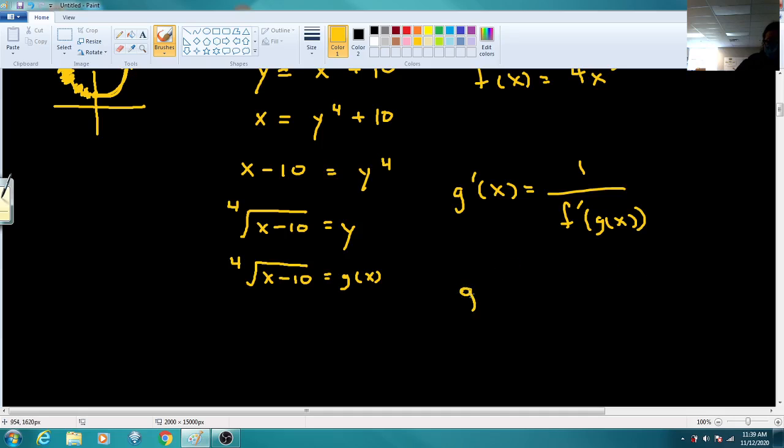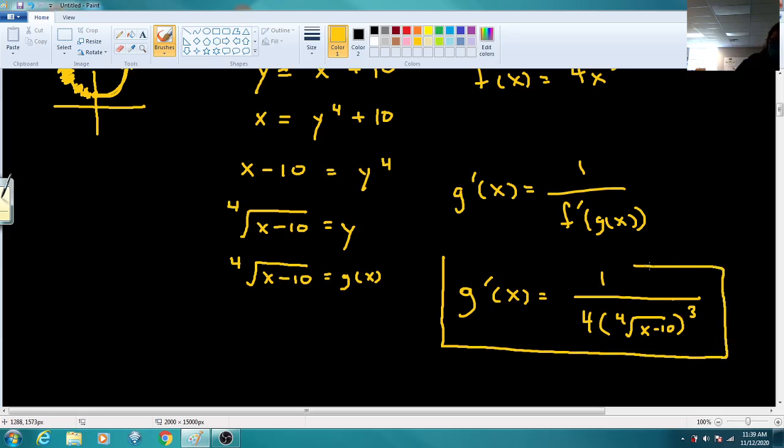So we'll get g prime of x equals 1 over the f prime function, which is 4x cubed. So I'm going to do 4, create some space, and then it's cubed. And what goes in for that space is the g of x function, which is the fourth root of x minus 10. And that should be our equation. Okay, so that is g prime of x.